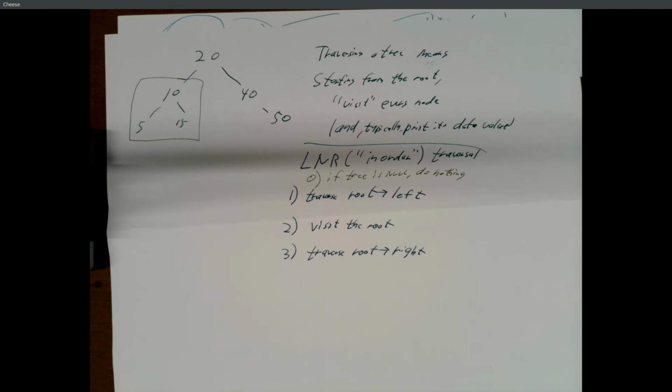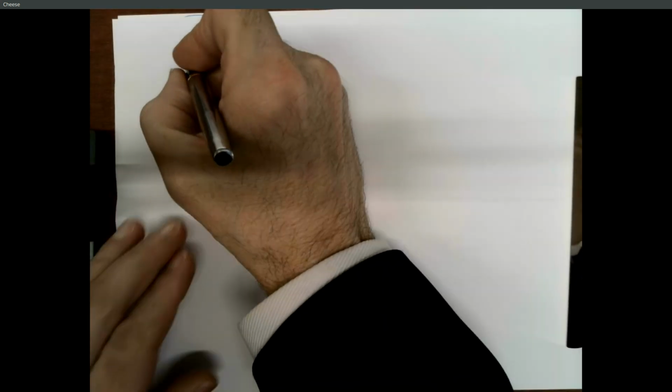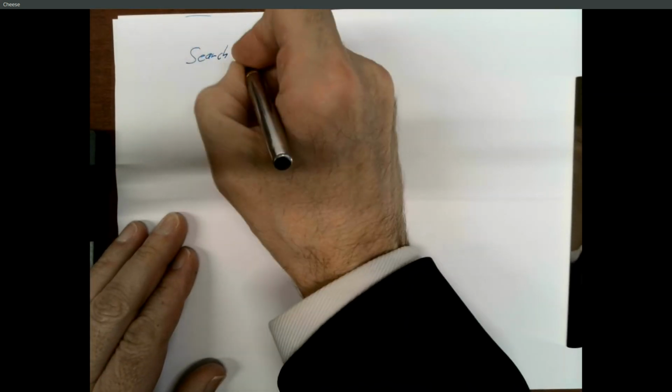So suppose we wanted to search a tree for a piece of data. Well, we know how to traverse a tree now, which means that when we visit a node, we could check to see if that's equal to the thing we're searching for.